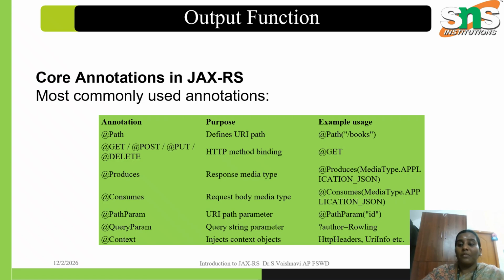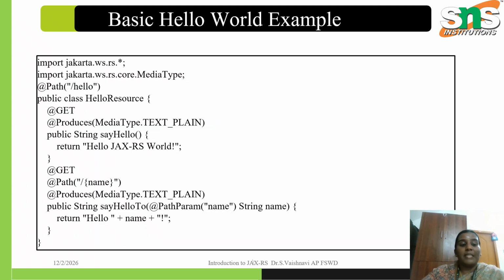This is a basic Hello program with the specifications of GET and Produces, as we have seen before, and also it is an annotation-based introduction to Java classes and methods. Path specifies the URL path we have seen, and we also have GET, POST, PUT, and DELETE to handle the corresponding HTTP methods and their types. Produces gives the MIME media type, such as application JSON or application XML, that the resource method can produce and send back to the client via message.